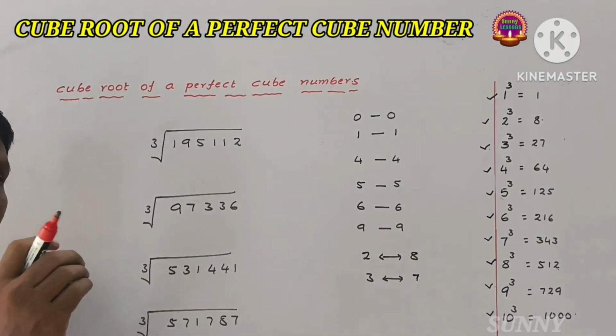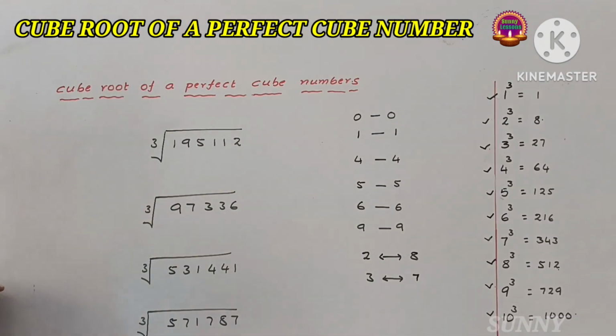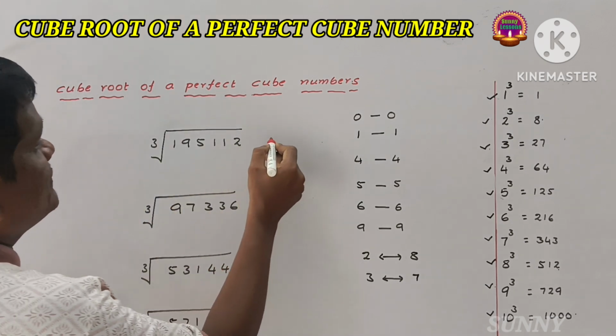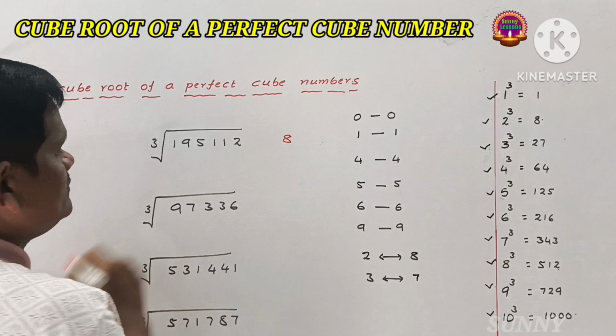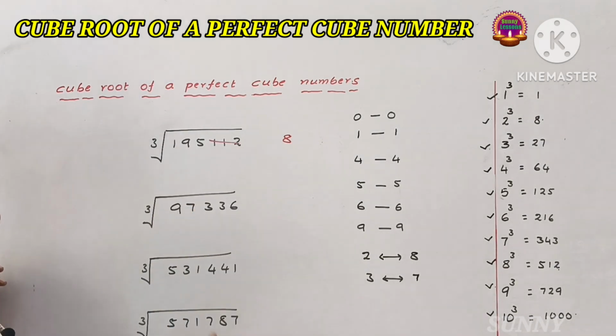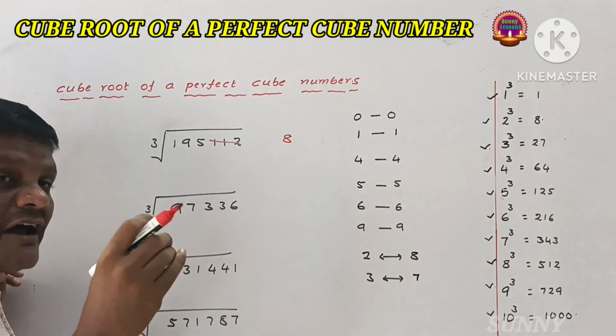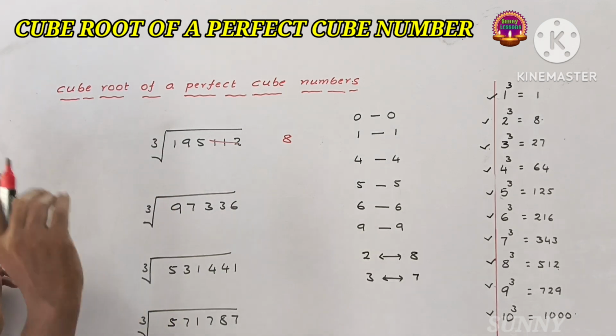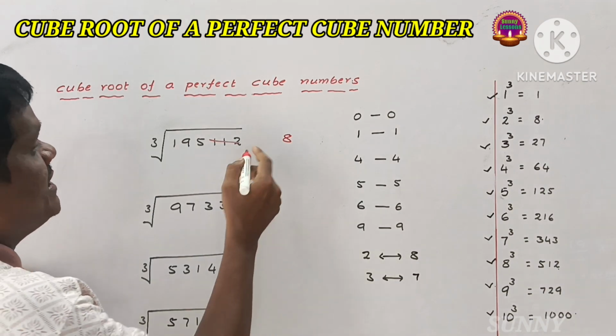Cube root of 195112. Check when the perfect cube number ends with 2. It is 8. Strike out the last 3 digits and check the nearest perfect cube number of 195 and less than 195. That is 125, means 5 cube.